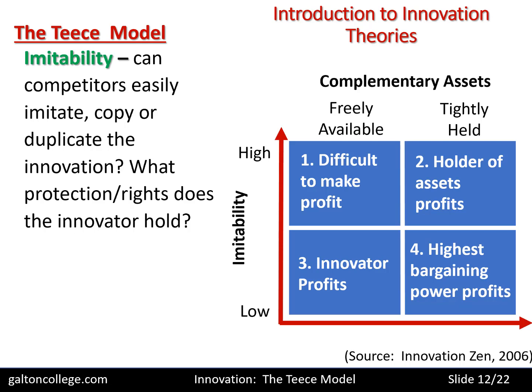When we say it's low imitability, it could be the product is very sophisticated, very complicated, difficult to copy, or it could be, again, they've got some sort of legal obstacle to stop people from imitating it. So it's not easy to imitate, that's the point.